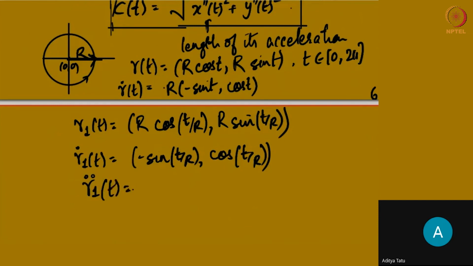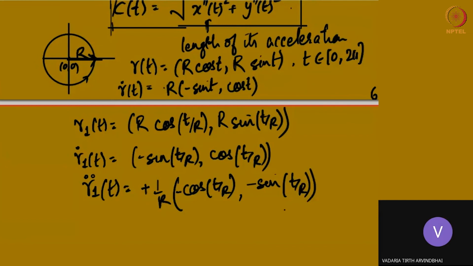So this dot represents d by dt, so you don't get confused with the double derivative of gamma 1 of t. Minus cos t by r divided by r, minus sin t by r. So what is the curvature?